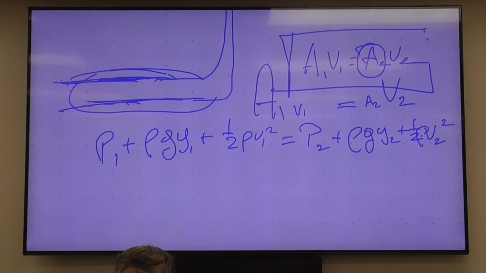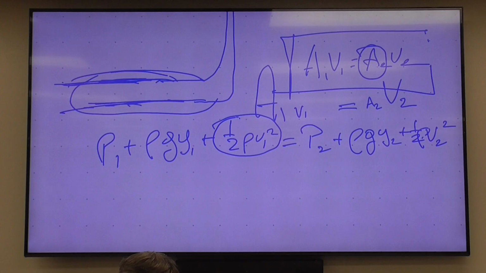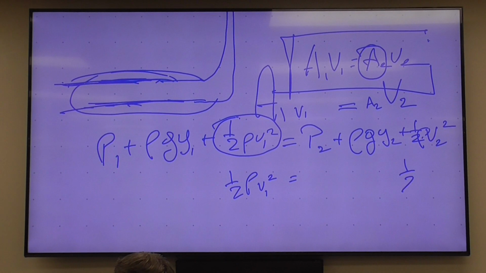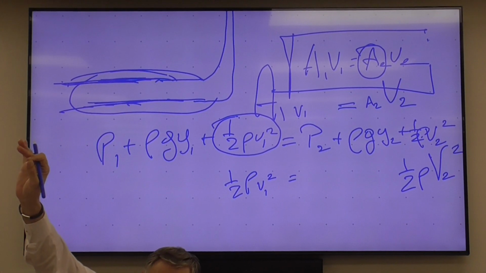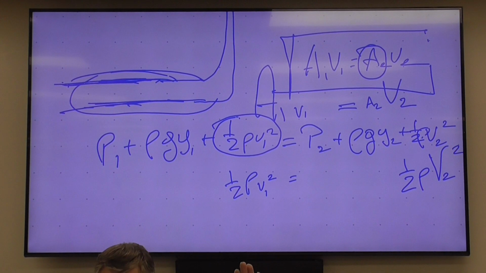Here's what I want you to see. This part of the equation is going to be 1/2 rho and then a small v1 squared. And over here, this is going to be 1/2 rho and then a bigger velocity squared. Okay? So we got that idea. Low velocity water underneath the ground, high velocity water coming out. Good with that idea? You got this visual.